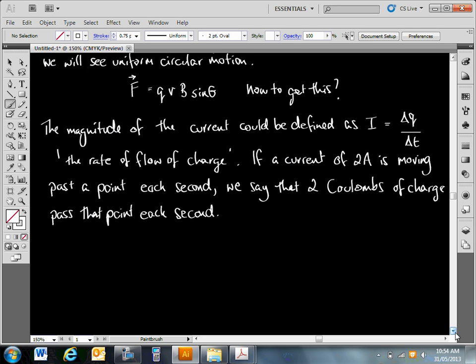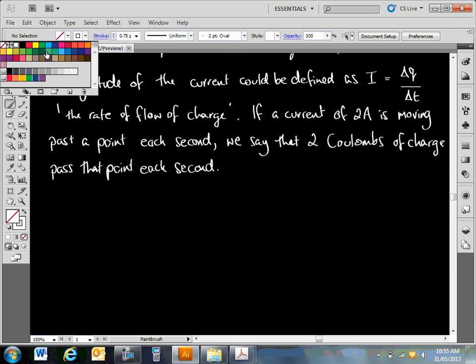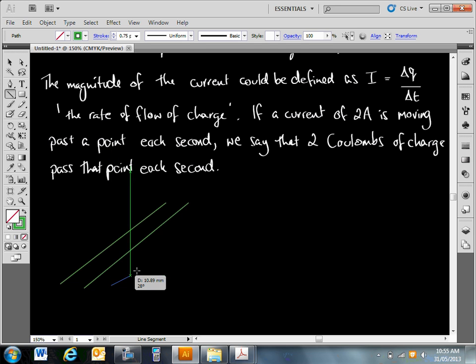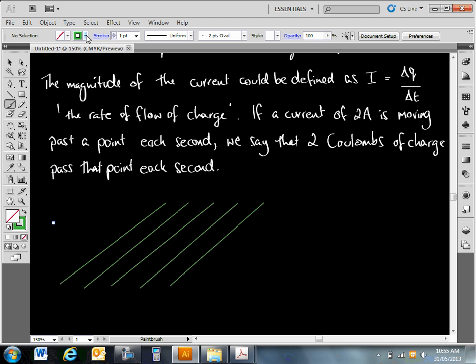Have a look at this situation now. So I'm saying now that I is delta Q on delta T. Picture a magnetic field. I'm going to draw it in a different orientation to what we have done in the past, just so that you don't only know into the board and to the right. The magnetic field can go in any direction oriented in space, of course. And I put a current carrying wire in that magnetic field.